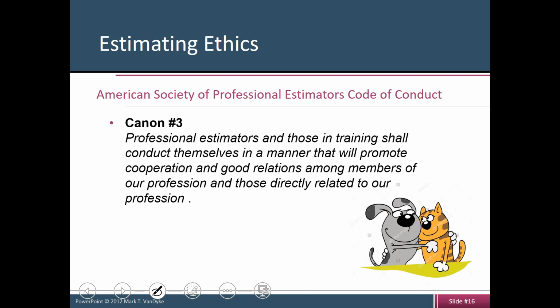Canon 3 says that professional estimators and those in training shall conduct themselves in a manner that will promote cooperation and good relations. Basically, have great collaboration with others, with the other partners, with folks around you. Ethically, this is a great attitude, a great way to live.